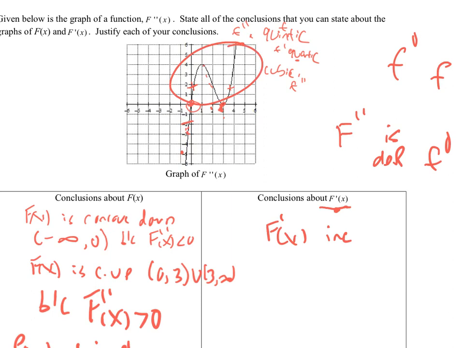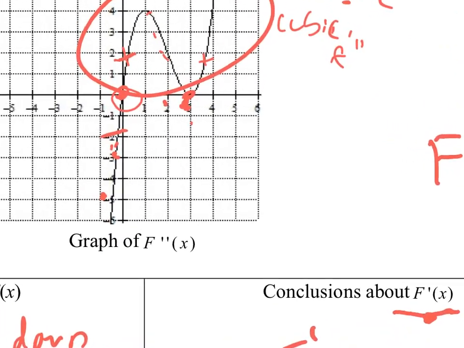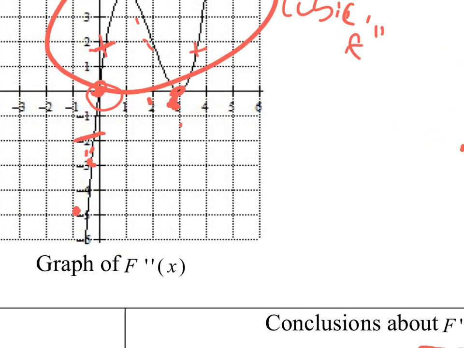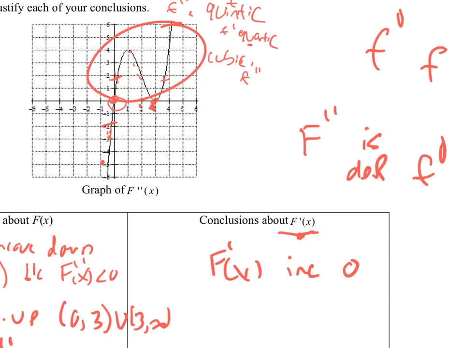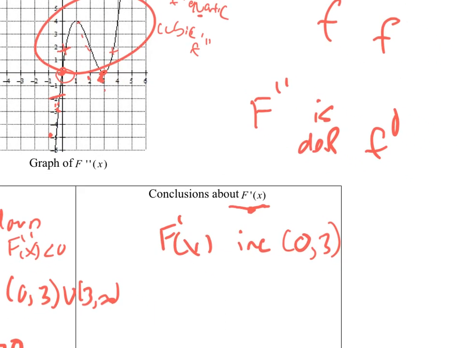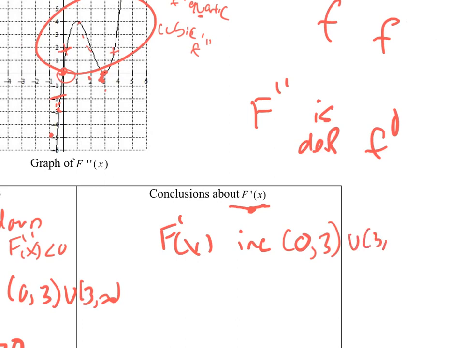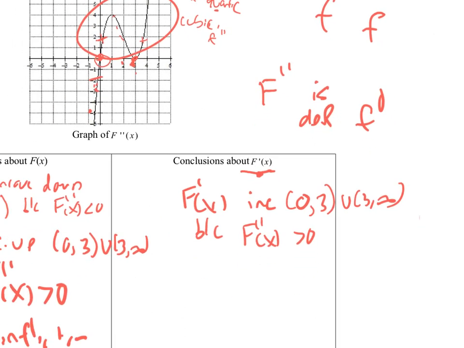So I can say increasing from 0 to 3, union 3 to infinity, because f double prime is greater than 0.